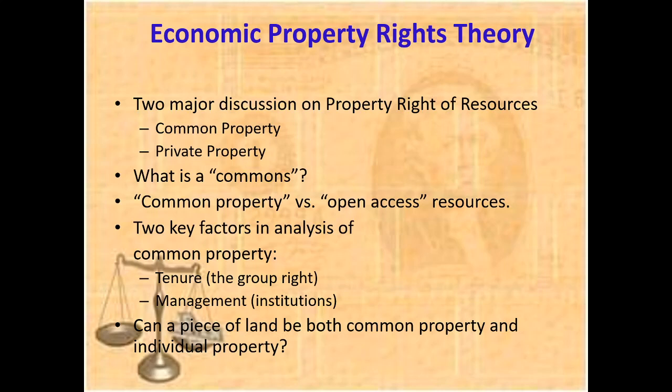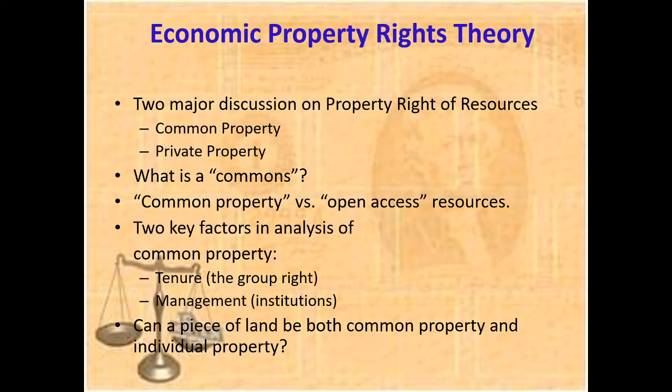Once we are into this realm of common property, then, as I said, what is common property and how is it defined? Once common property is defined, then we can say what it is not: an open access or a private property. Again, I would like to make the point that by common property we mean that there is a tenure as well as a management.